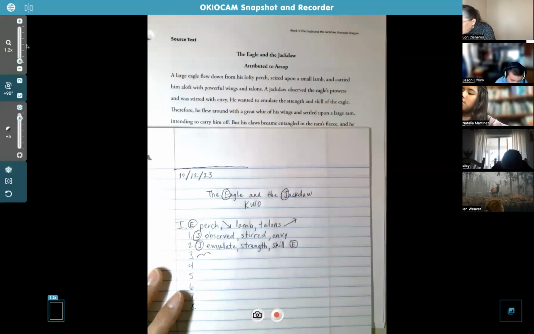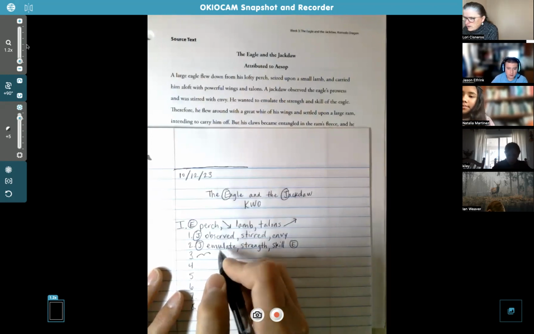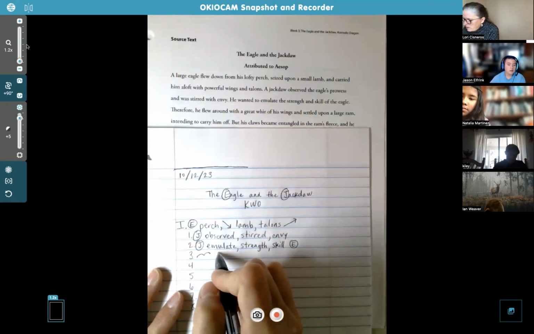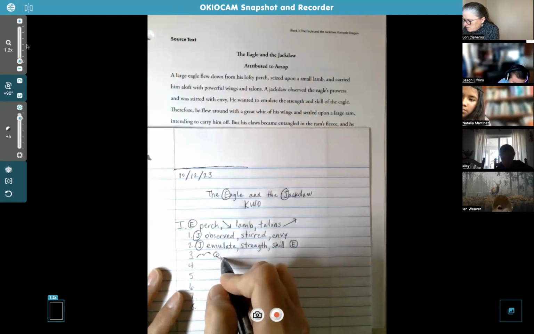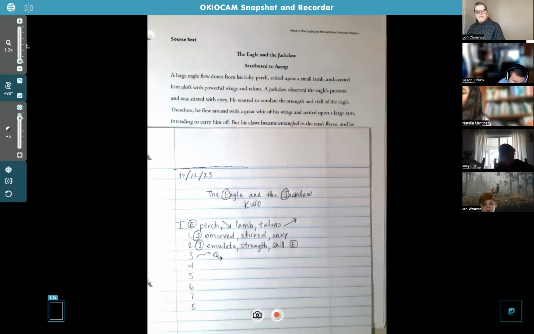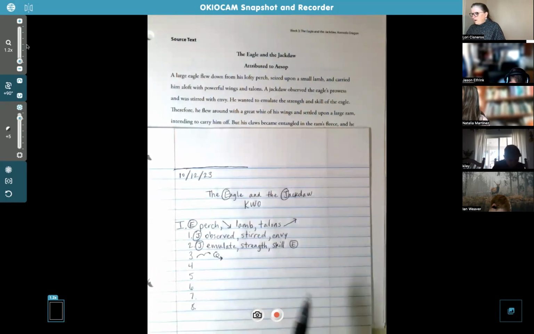Like do a circle and then a down arrow, for it to go around and then down. Maybe a swirly, something like that? Yeah. Okay, so the bird, he flew around, settled, and then ram.